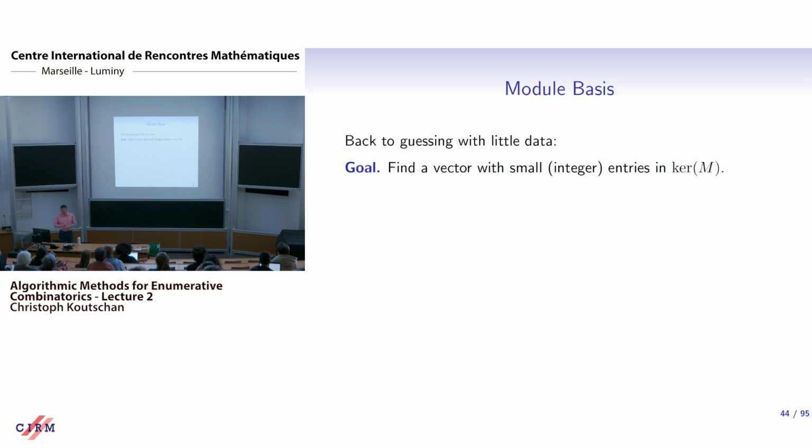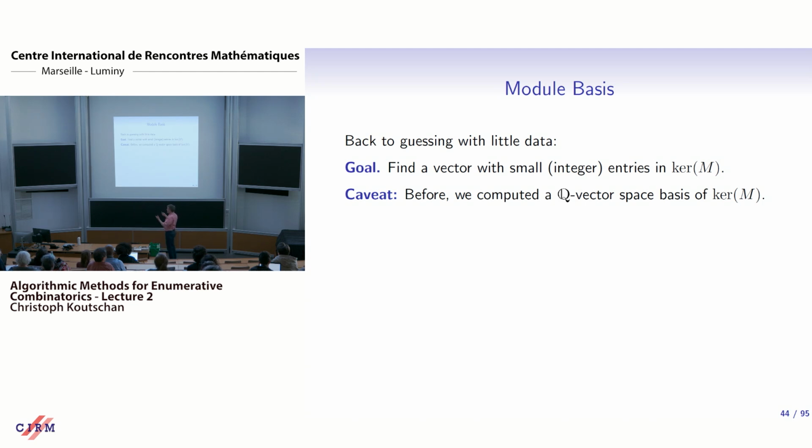Okay, now back to our guessing problem. We want to find a vector with small integer entries in the kernel of our matrix, and we have to be careful. There's a problem because what we did before, when we did the naive guessing, we computed a basis of the kernel as a Q vector space.